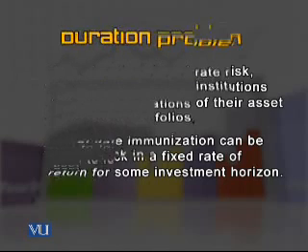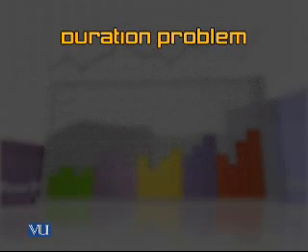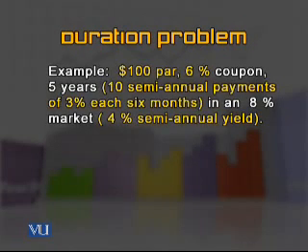Now, let's look at an example of how we can talk about duration. Let's say there is a $100 par value bond with a 6% coupon rate for 5 years. So we have a bond which has a face value of $100 with a 6% coupon rate and a maturity of 5 years.